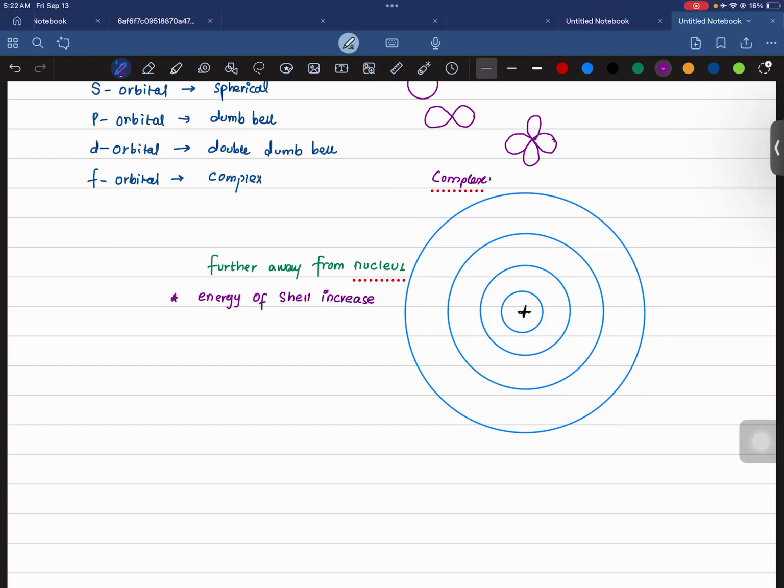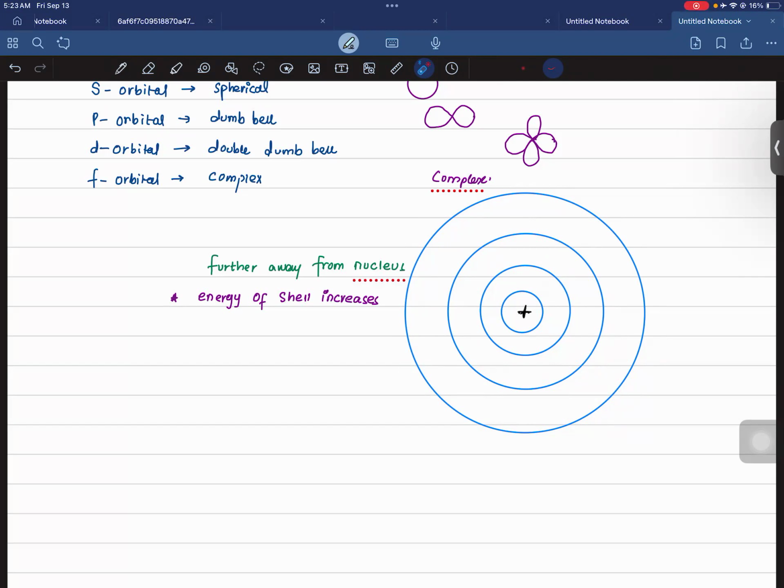Why? Because this is a nucleus. In the first shell, I have two electrons. Opposite charges attract each other. So when we have two electrons in the first shell, they have a greater attraction towards the nucleus. So it means that when there is attraction between oppositely charged particles, the shell is stable, it's having a lower energy.